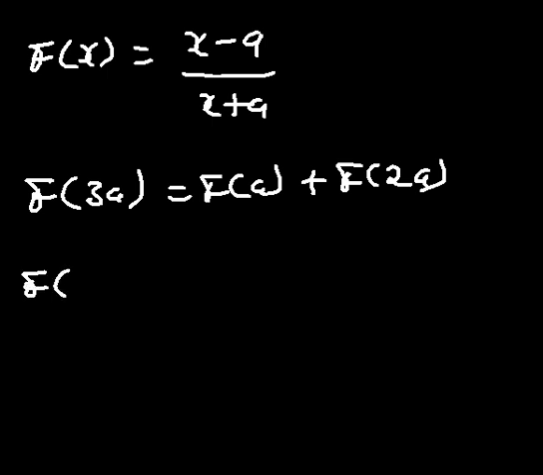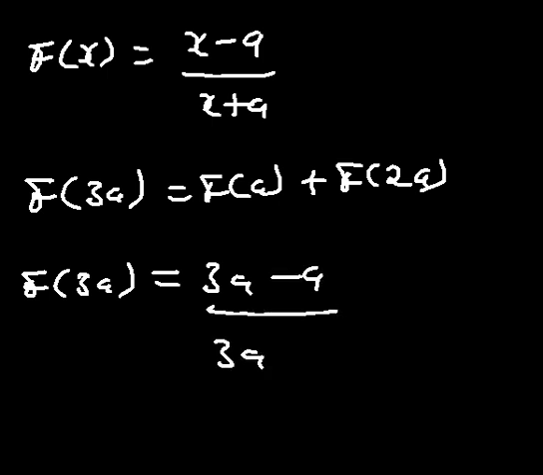So what is f of 3a? Where there is x, I'm going to put 3a. So we have 3a minus a divided by 3a plus a, which is the same as 2a divided by 4a. That gives 1 over 2.